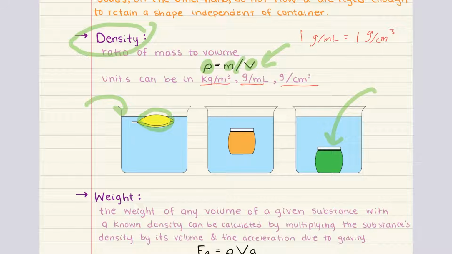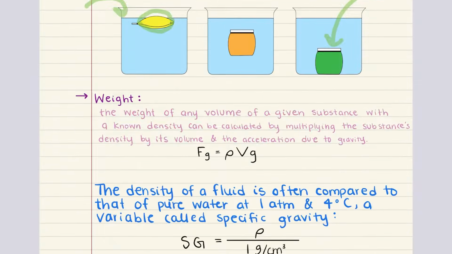The density of water is equal to 1 gram per cubic centimeter, which is equal to 1 gram per milliliter, which is equal to 1,000 kilograms per cubic meter. So this is the density of water.